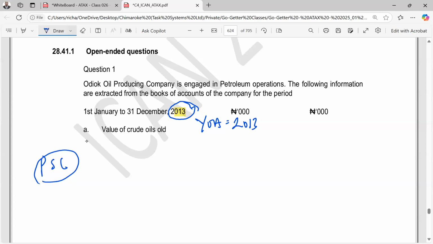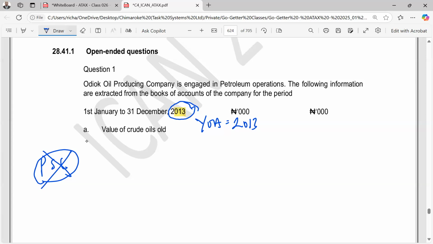If it is a PSC, you will see it somewhere in the question. You will see them talk about production sharing contracts, deep inland basin, or deep offshore. When you hear things like that, you know they're referring to the production sharing contract. If you see nothing of that sort, then you assume that it is a non-PSC. So this is a non-PSC. We'll treat it the way we treat our JV.